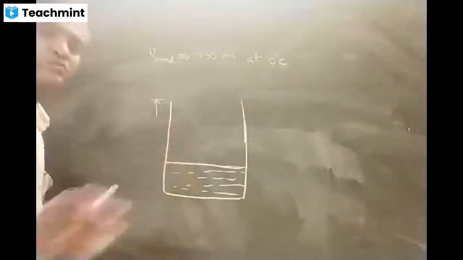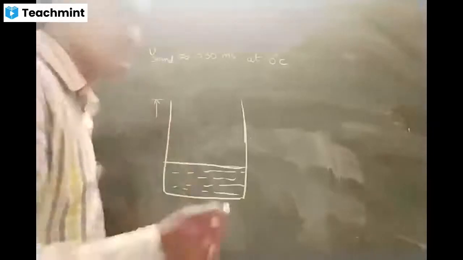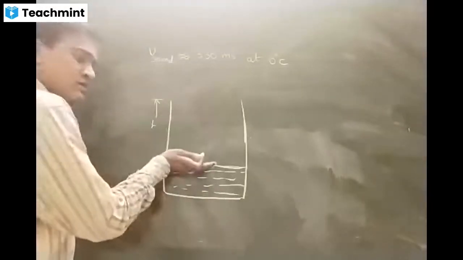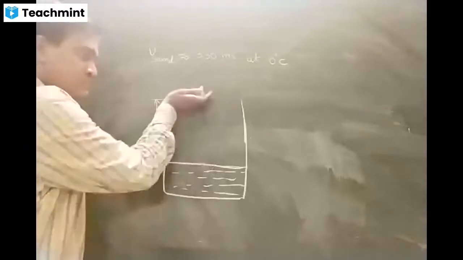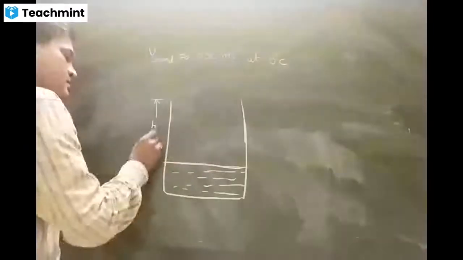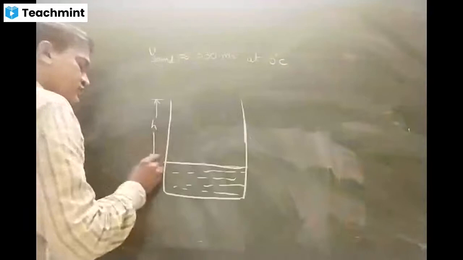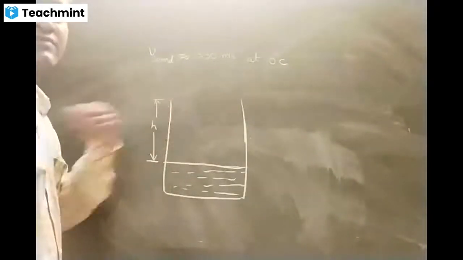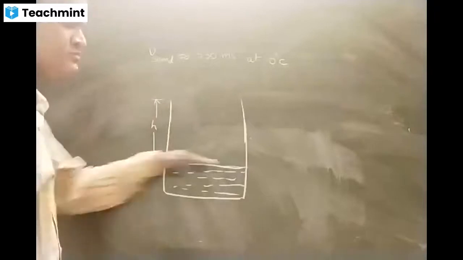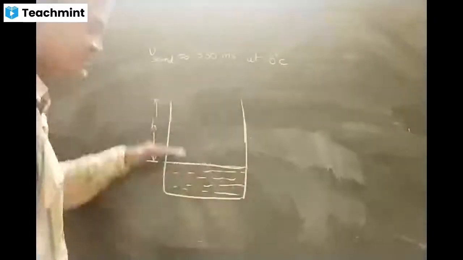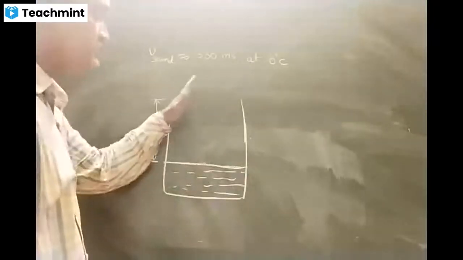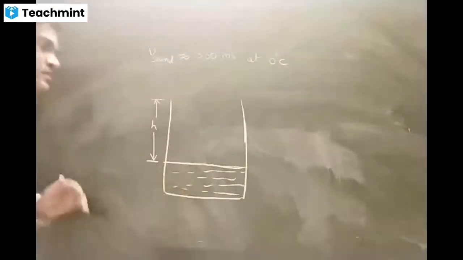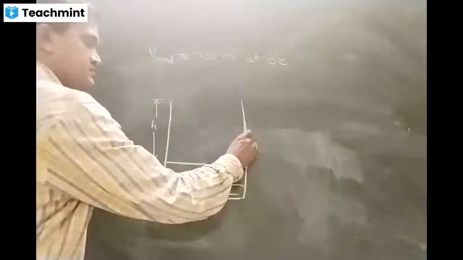I'm not giving any numericals. Water is at a depth of h from the top of the well. The water level is at a depth h from the top of the well.